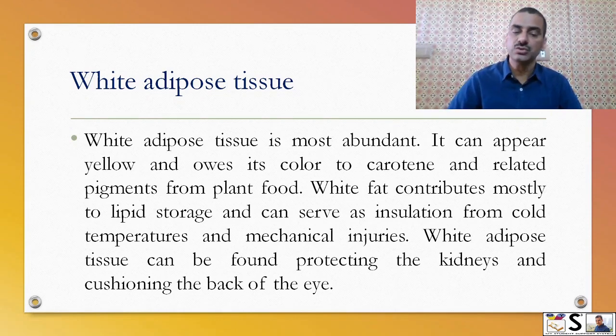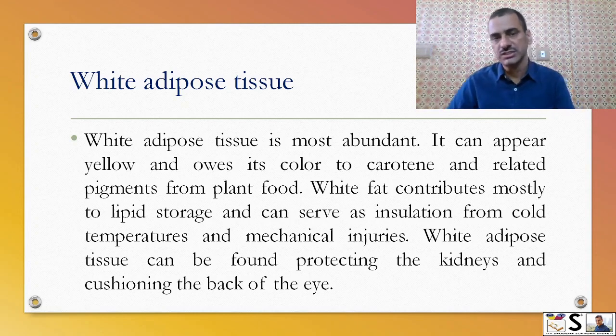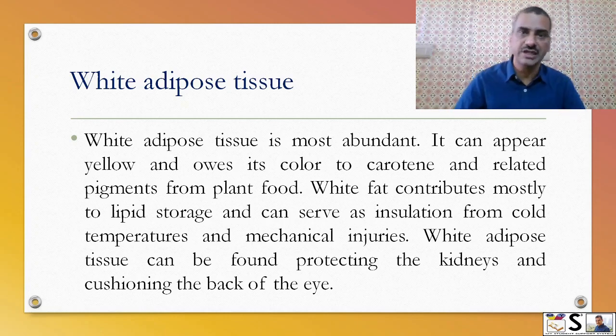It can appear yellow sometimes due to presence of carotene and other pigments from plants that we eat. White fat contributes mostly to lipid storage and can serve as insulation from cold temperature and mechanical injuries. White adipose tissue can be found protecting kidneys and cushioning the back of eyes. So the deposition of fat in our body is of white adipose tissue.